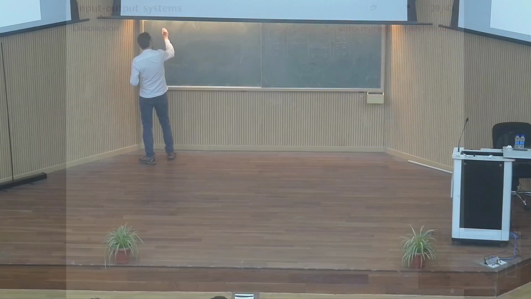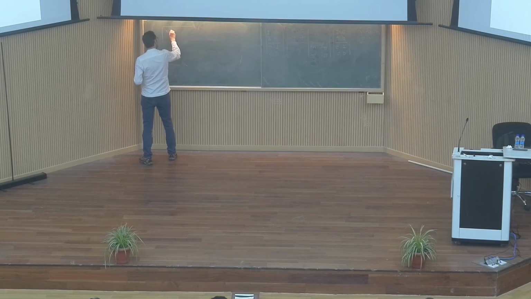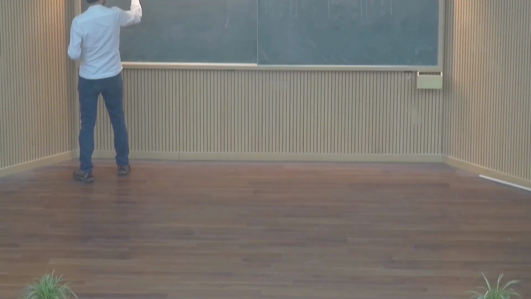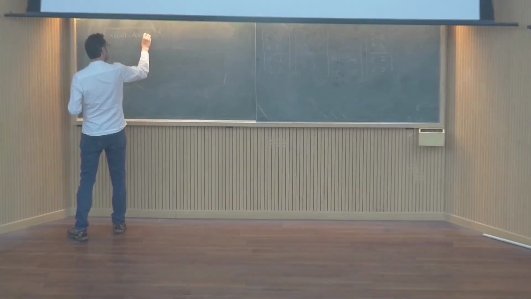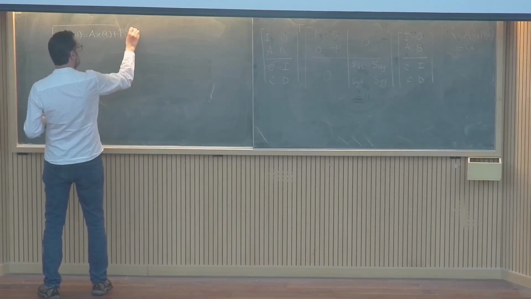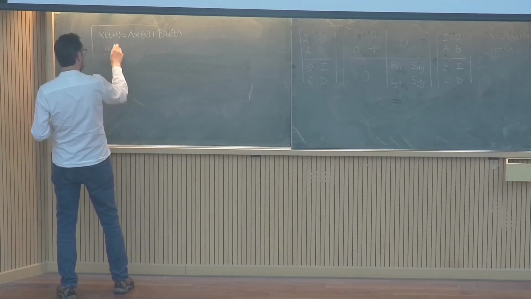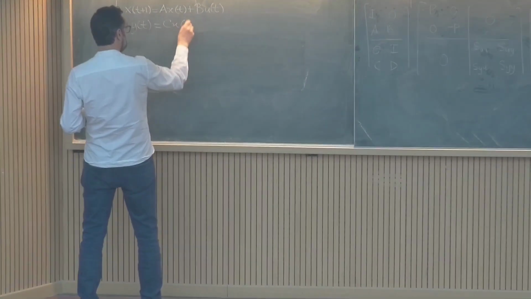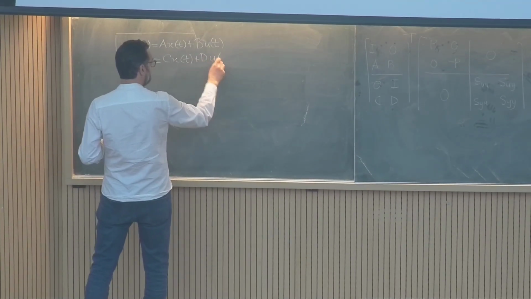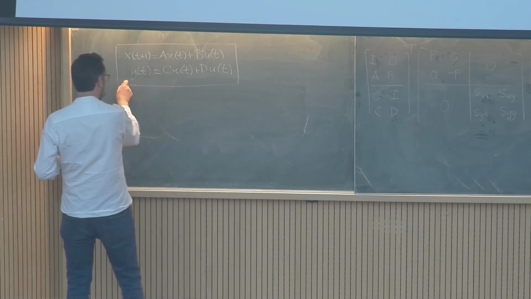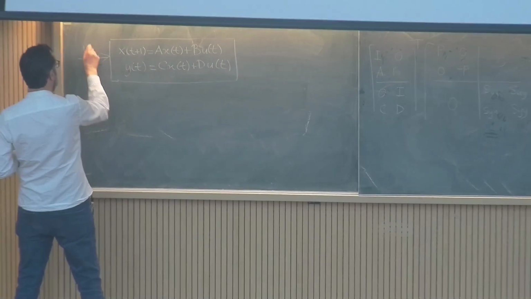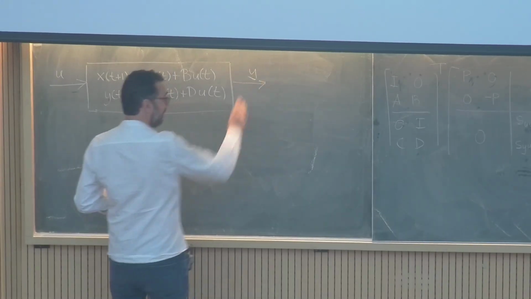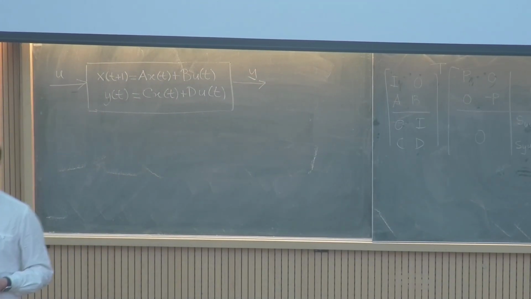Suppose I have this system and I can access only inputs and outputs. Okay? Let's assume that I know the dimension of X, n.